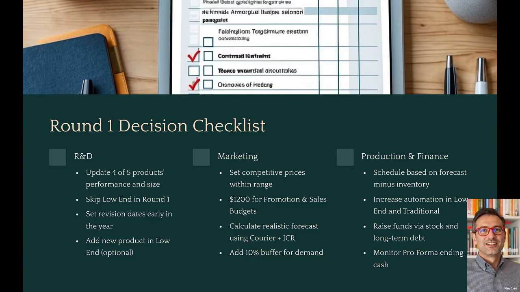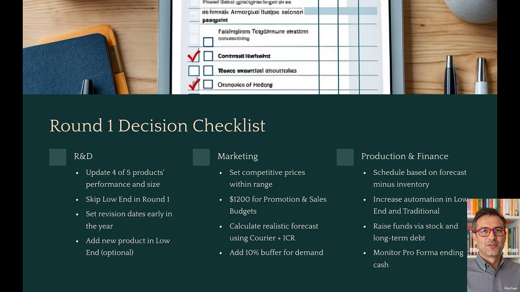Summary, round 1 decision checklist. R&D: update 4 of 5 products' performance and size, skip low-end in round 1, set revision dates early in the year, add new product in low-end, optional. Marketing: set competitive prices within range, $1,200 for promotion and sales budgets, calculate realistic forecast using Courier plus ICR, add 10% buffer for demand.